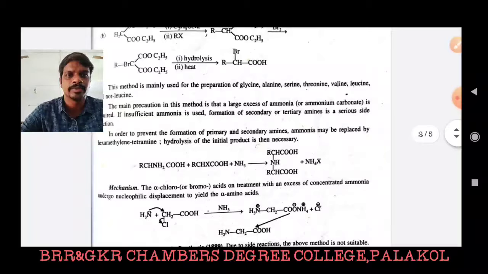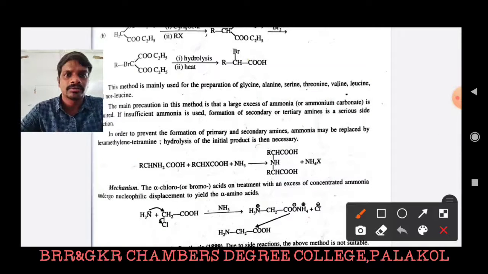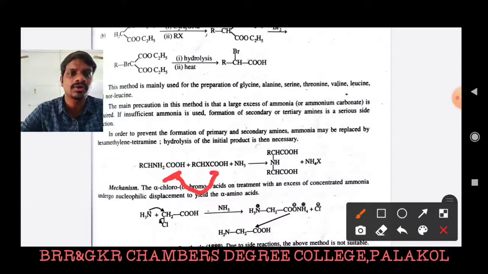Here this is the chemical reaction, students. Here it is the alpha amino acid after the elimination of alpha bromo carboxylic acid. Now again this alpha amino carboxylic acid is reacted with an alpha halo carboxylic acid molecule and it is converted into a secondary amine.